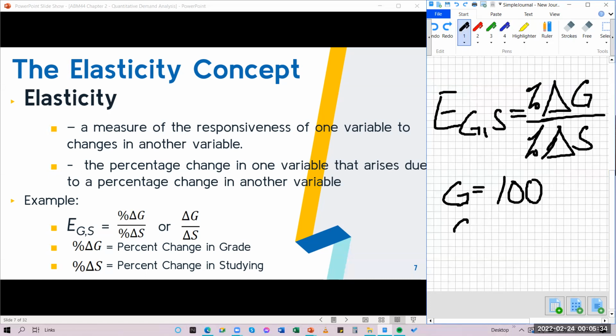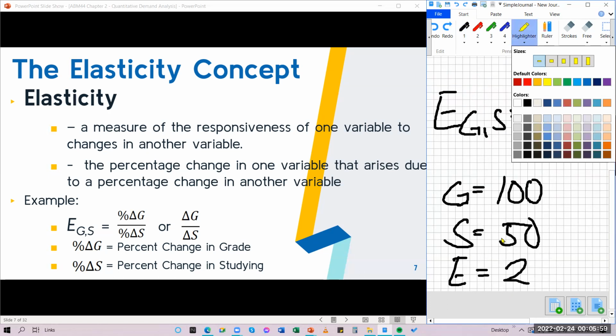So a grade of 100 but your studying level is only 50. How elastic would that be? The answer would be 2. So elasticity is 2, and we will be interpreting this.